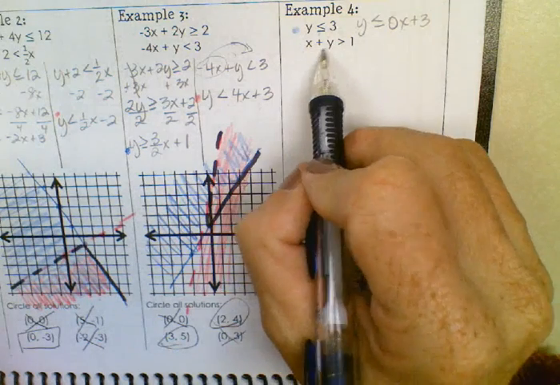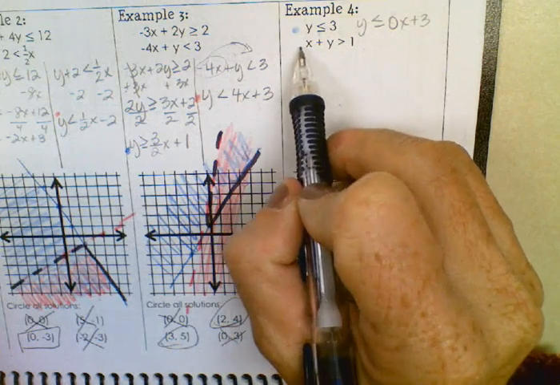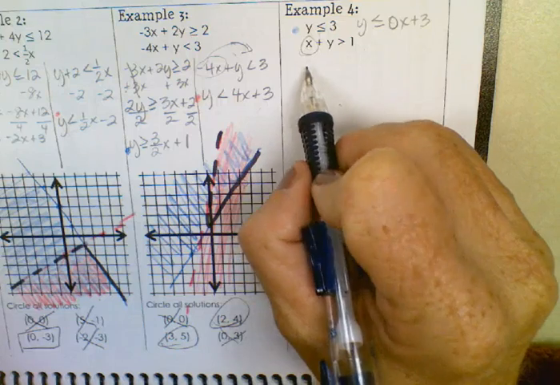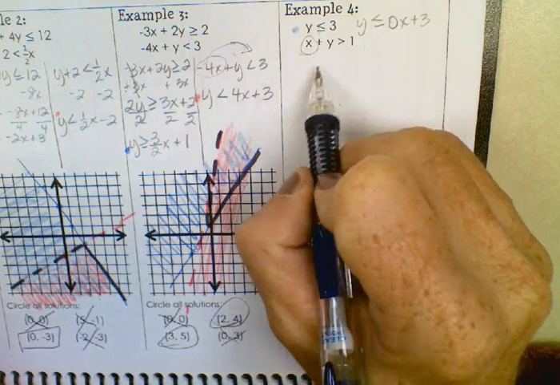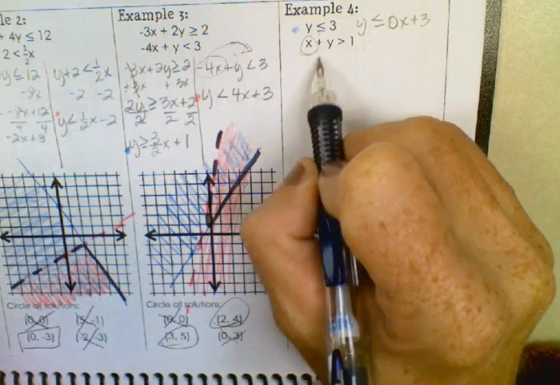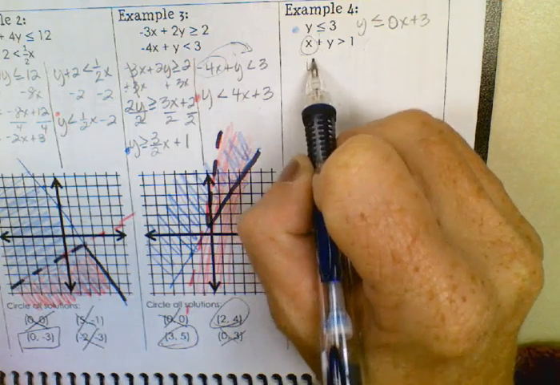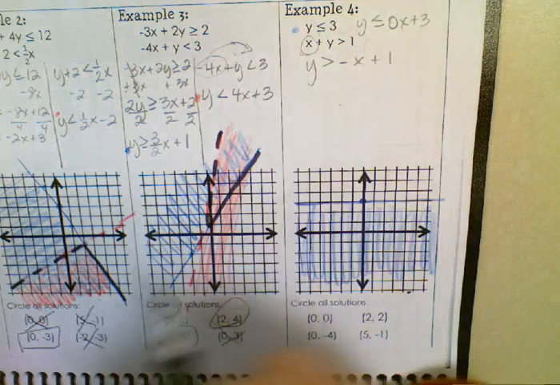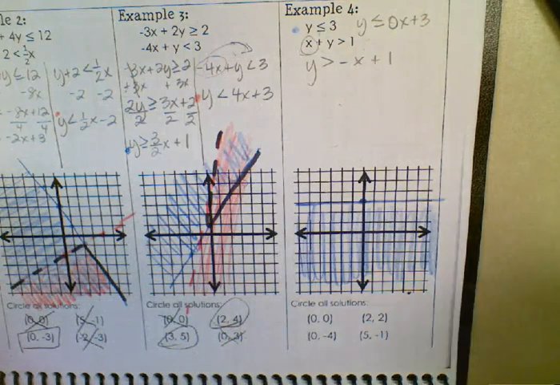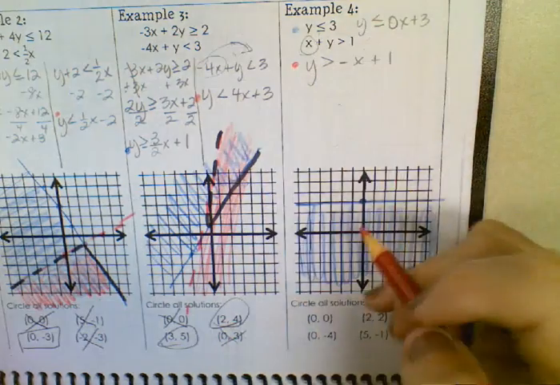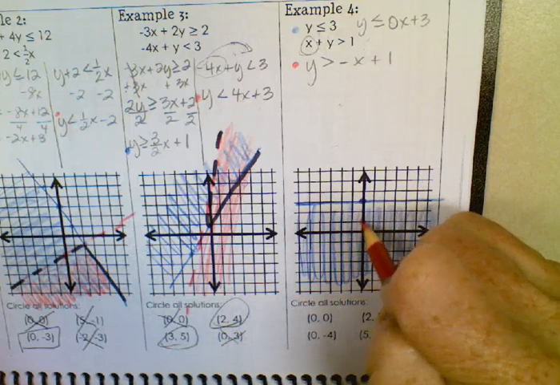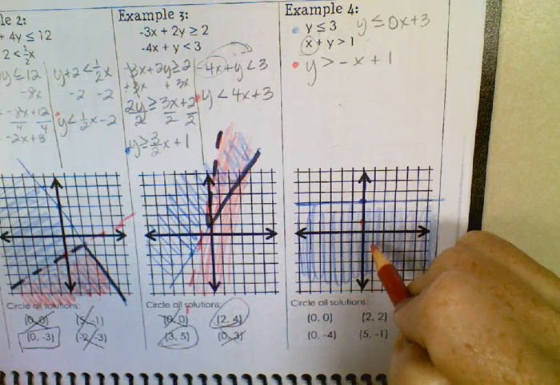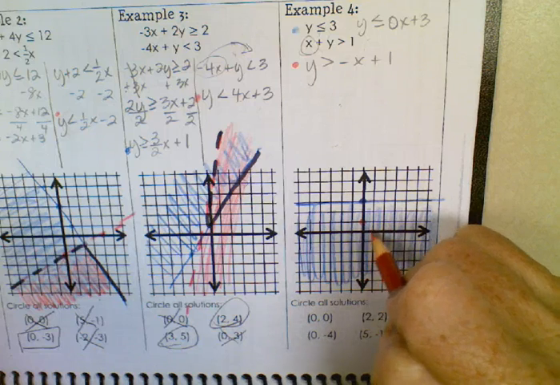Our second equation is not quite in slope-intercept form, but I just need to move my x term. Sorry about the bell. And when it moves to the other side, it's going to become negative. So it'll be y > -x + 1. That's going to be our red line. So we begin at 1, and then we go down 1 and over 1.